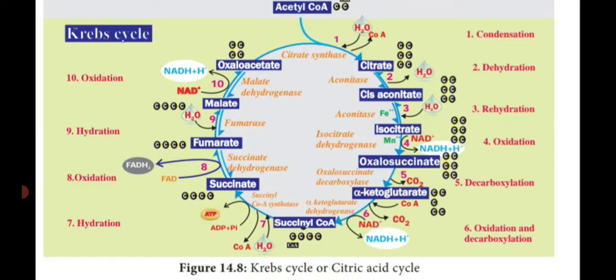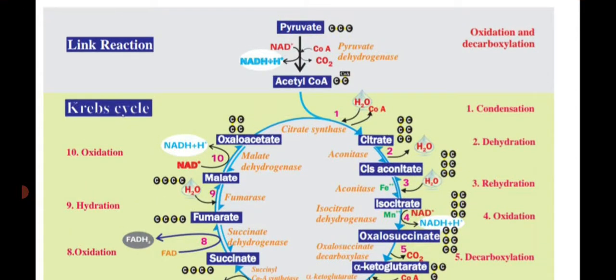One ATP molecule is produced in the 7th step between succinate and succinyl coenzyme A, without utilizing electron transport. That phosphorylation is known as substrate level phosphorylation. So this is the series of reactions that takes place in the Krebs cycle. It is a very important 5-mark question, and it takes place in the mitochondrial matrix.